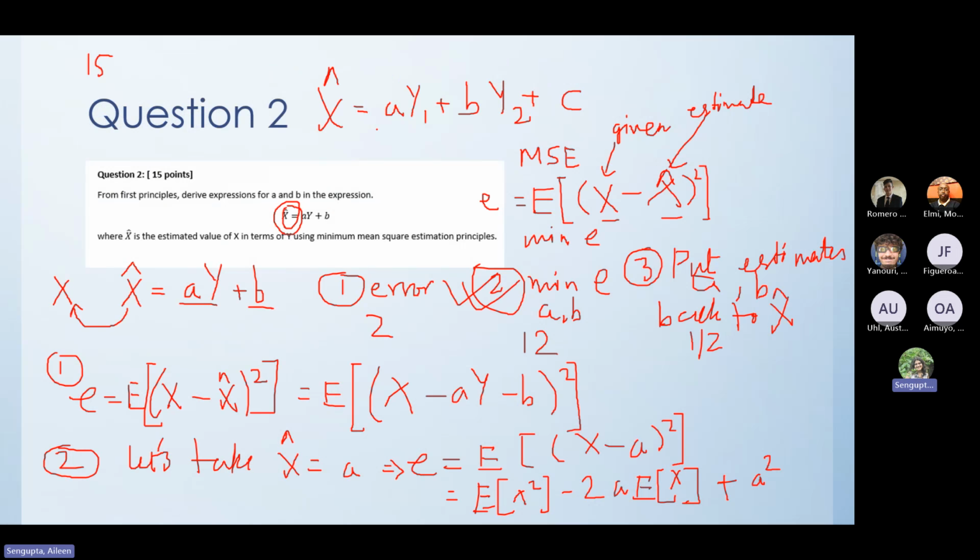So our previous expression, if we want to minimize it, is the expected value of x squared minus 2a times the expected value of x plus a squared.